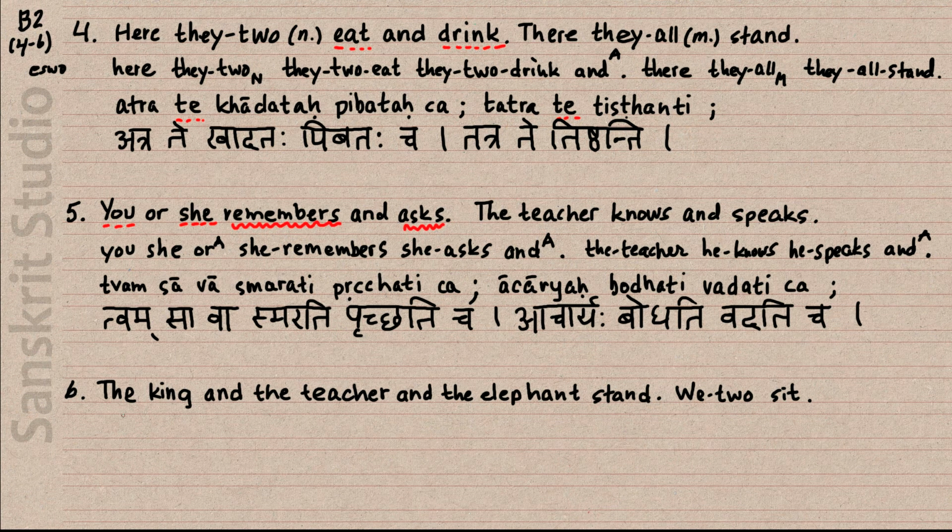Okay, number 6, the king and the teacher. So we're grouping the king there, and we have a connection with "and", so we stack him up, line all the ducks in a row. The teacher, aha, okay, oh, I forgot my own.